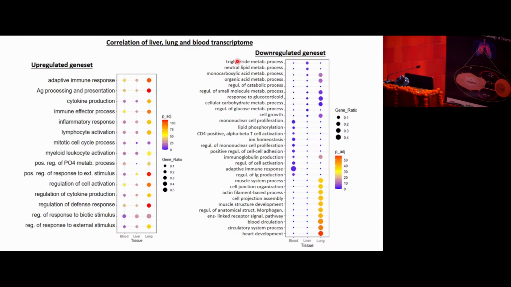We can see here that triglyceride metabolic process, neutral lipid process, or cellular response to carbohydrate are very unique to liver. Similarly, cell junction organization or muscle structure development is very unique to lung. So the immune profiles are similar, but they have different impact on different organs.